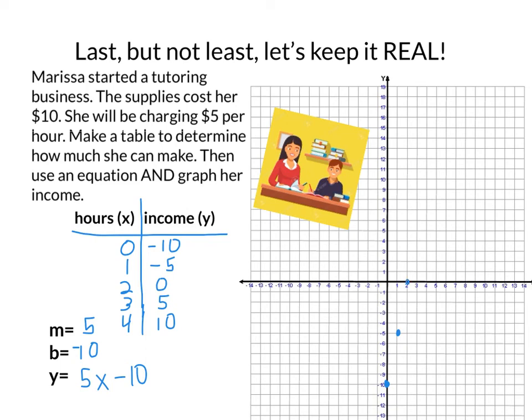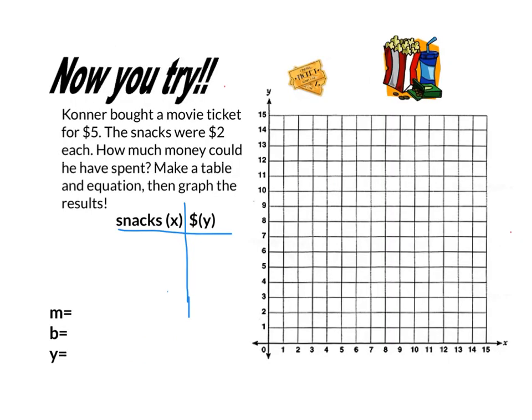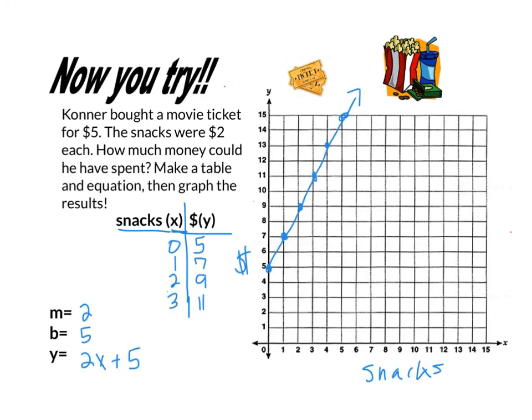We see where she breaks even. Then she starts to make some money. And as you can tell, it's just going to keep going up from there. Now pause the video and you give it a try. Check it out. How did you do?